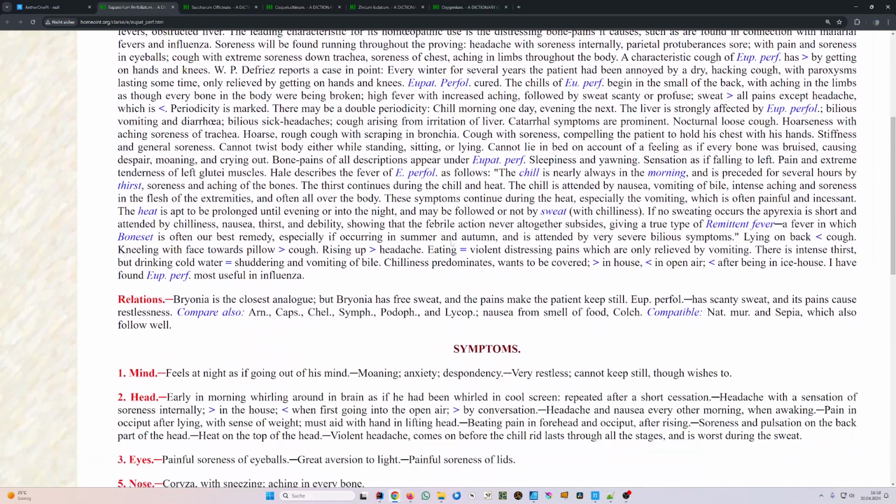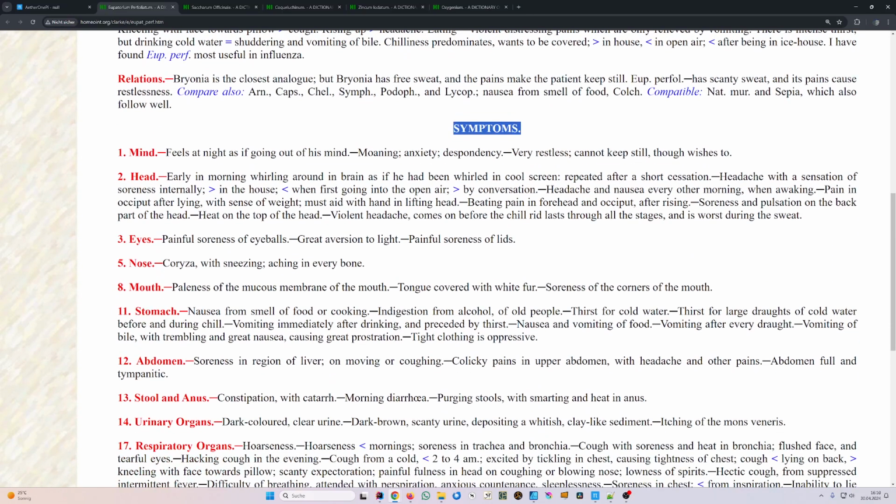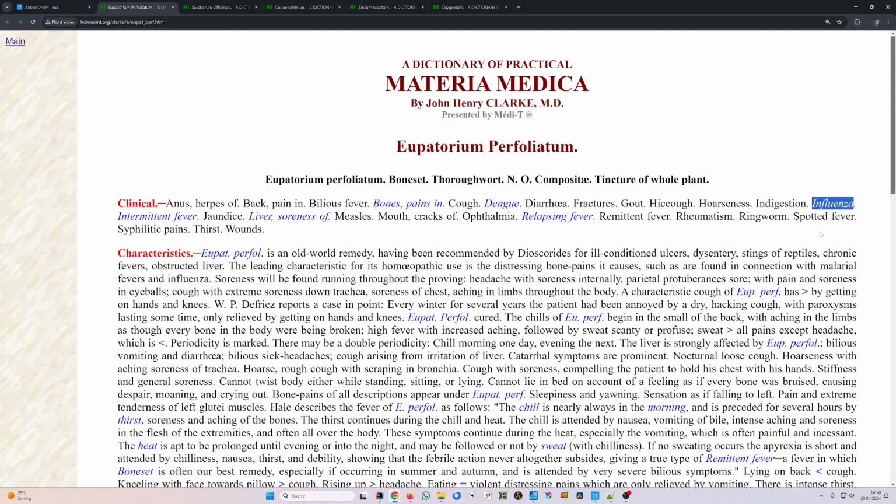But you can also go down where the symptoms are listed from mind, head to the toes and to the skin. So you can see here what normally they have for each level, for example on the mind, he feels at night as if going out of his mind. So there is a lot of discomfort, very restless, cannot keep still, and so on. But it's the typical remedy for influenza.